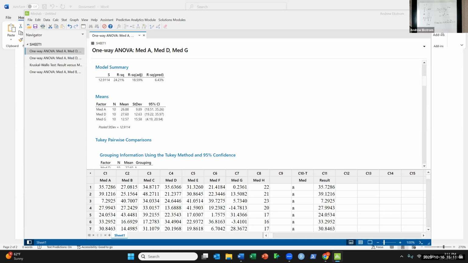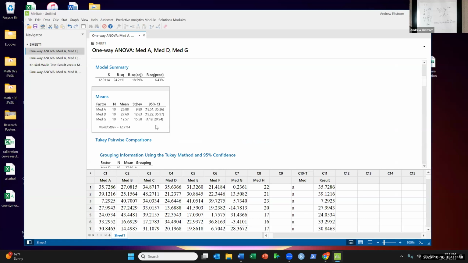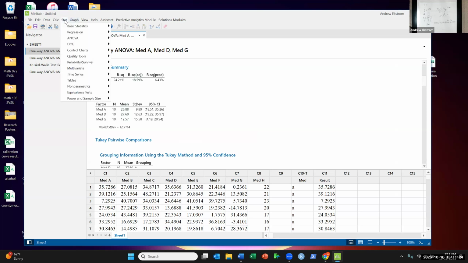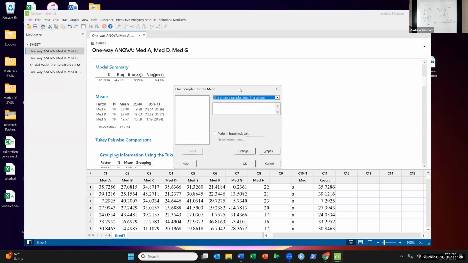So when we go and try to do this with one of these two sample tests with Minitab, I've got the pooled standard deviation right here. Go to stat, basic stat, two sample t-test.